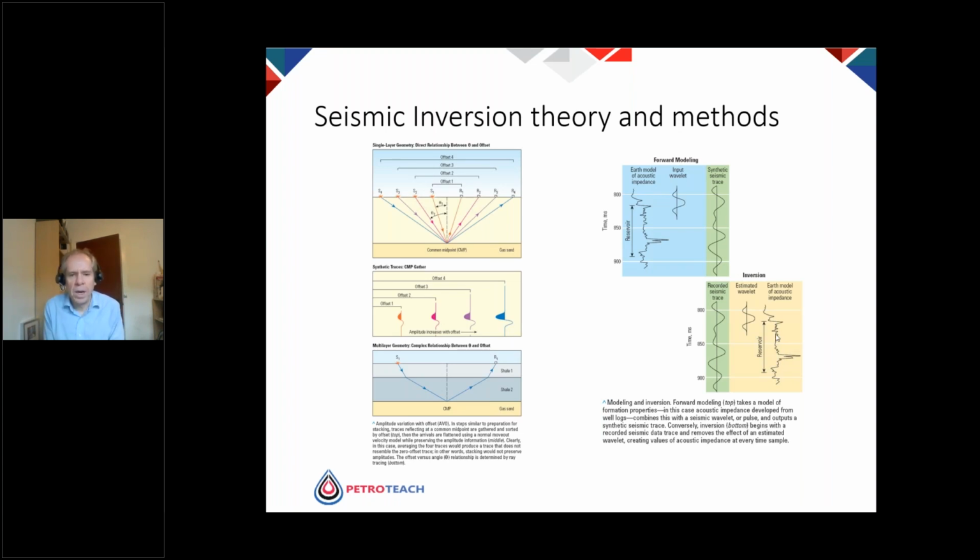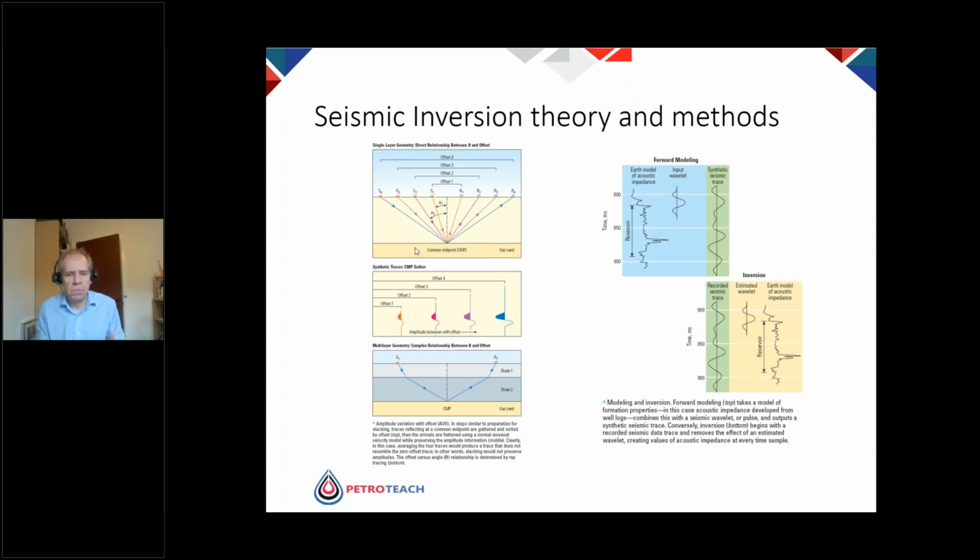Okay, and our inputs for inversion are generally going to be AVO data, and we'll talk about that in the course and a little bit about the theory as well. For a lot of the software, our inputs are angle stacks. So what we're doing is taking the data, and instead of stacking it all up together, we're going to pick out different angle ranges and produce a whole bunch of different stacks.